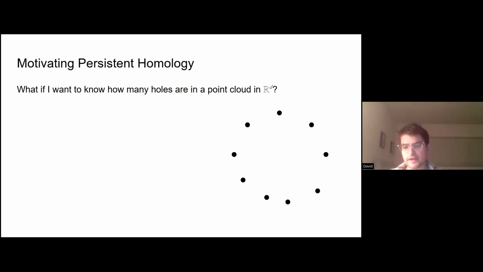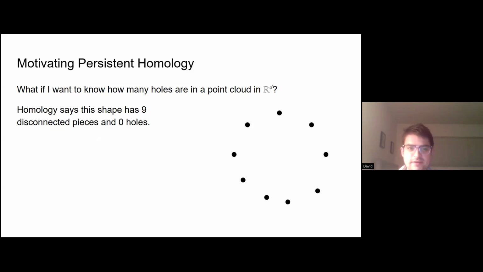Okay, and now I can get to maybe the classic motivating case for persistent homology. Imagine you have this point cloud that I've drawn here in R2, or maybe more generally, some other point cloud in R^d. Well, if I just naively apply homology to this point cloud, it's going to say that I have nine disconnected pieces and zero holes, which is not very interesting.